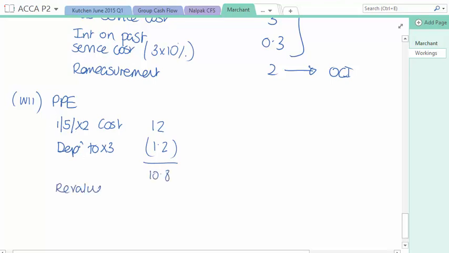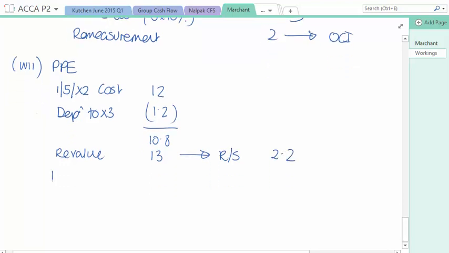We revalue to 13, so therefore we've got a revaluation surplus of 2.2. We've got depreciation to X4, so that's going to be 13. And now we've got 9 years remaining of the asset, so our depreciation is 1.4, which takes our asset value down to 11.6.